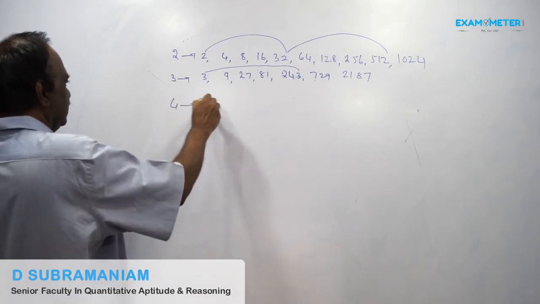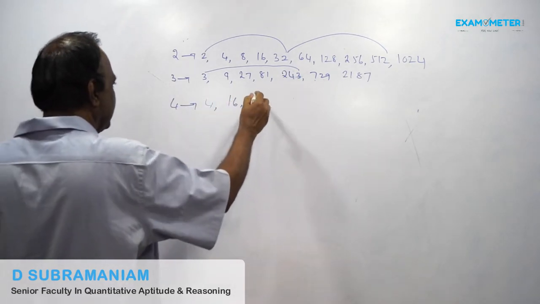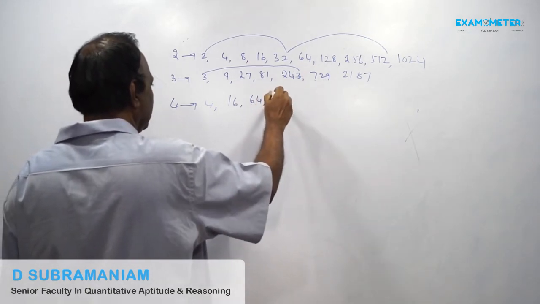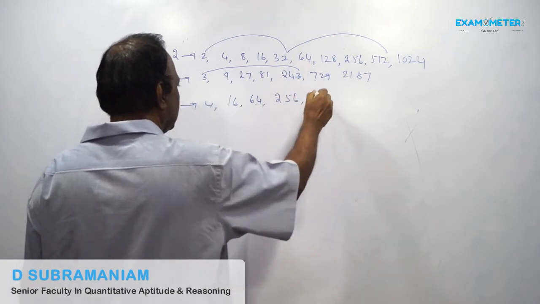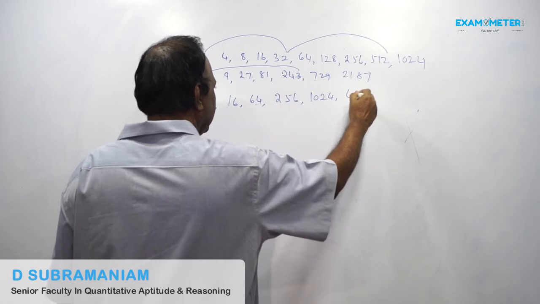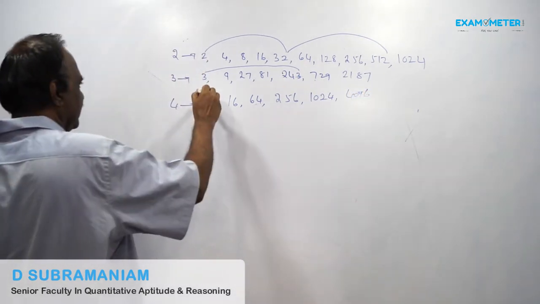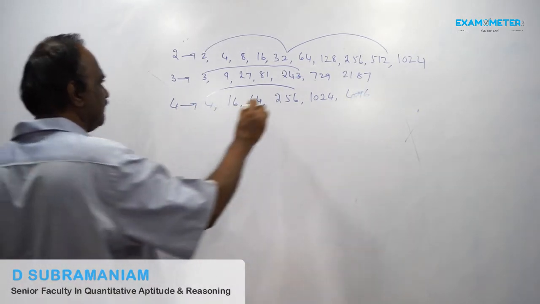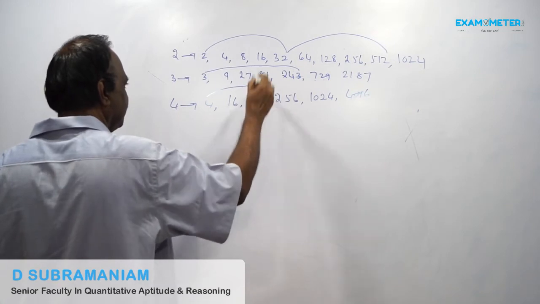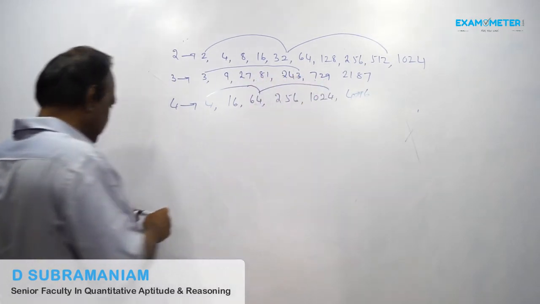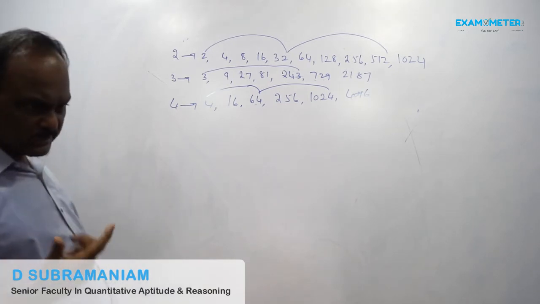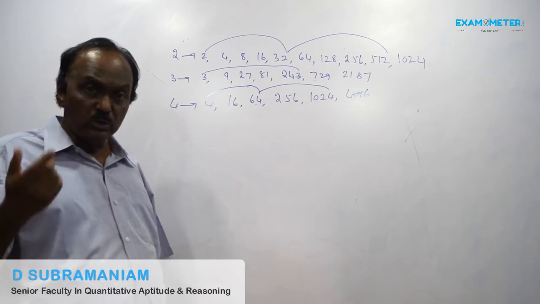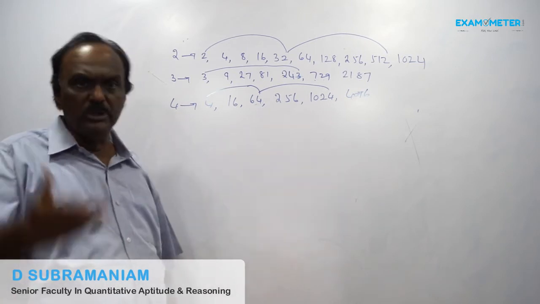4 square, 4 cube, 4 power 4, 4 power 5, 4 power 6. So for the 4 series, 4 power 1 is 4, 4 cube is 64, the unit place is 4, 4 to the power 5 is 1024, the unit place is 4.